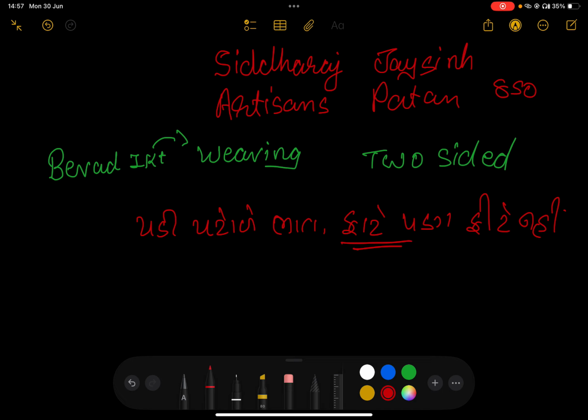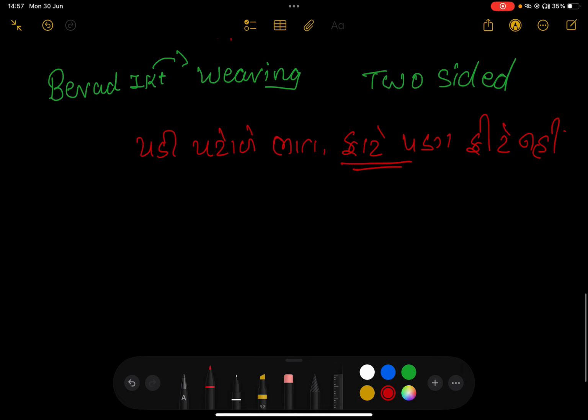The design laid down in patola shall never fade, even if the cloth is torn.